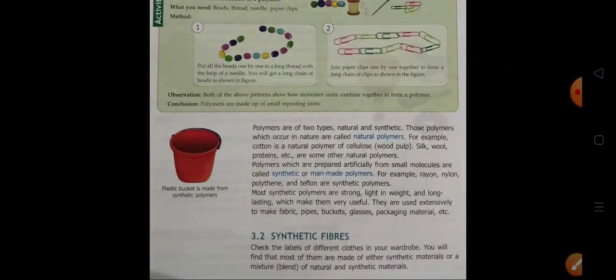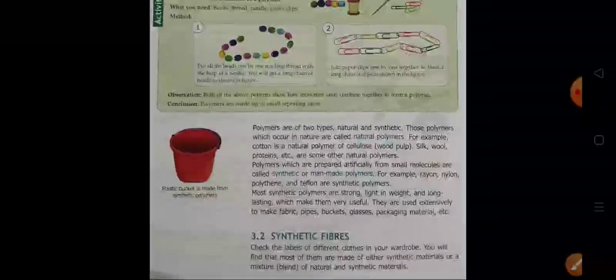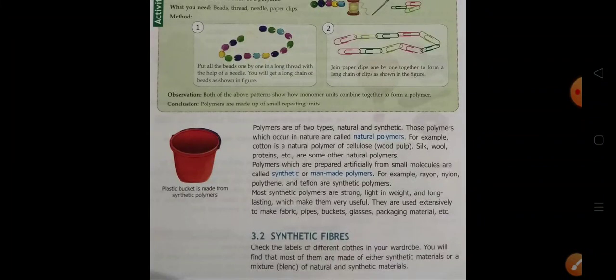For example, you know that polythene does not disintegrate. That means it is not degraded by microorganisms. It remains as it is for many years. Whereas if we talk about plant products, microorganisms act on plant products and they are degraded soon. So polymers are not acted upon by microorganisms.